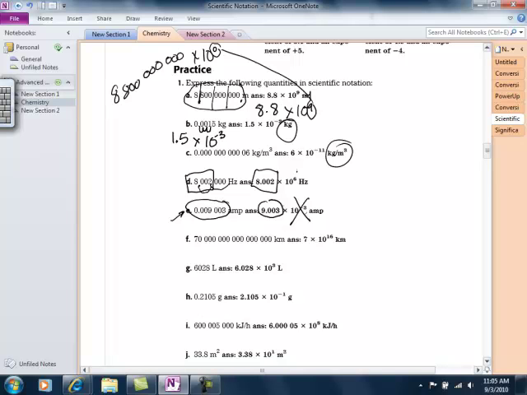The exponent is not important in terms of significant figs, but it's totally important when it comes to the power of 10, whatever, 3, -3. Does that make more sense now?